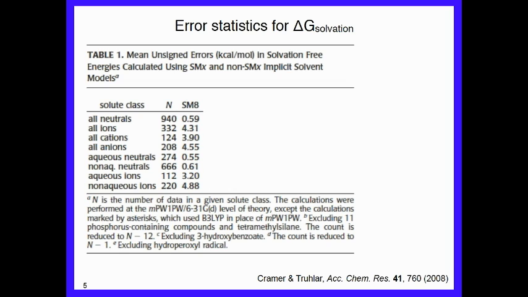And in particular for anions, the errors tend to be somewhat larger than the errors for cations, more generally than simply the Cramer-Truhlar models, and you can see that reflected in these data.